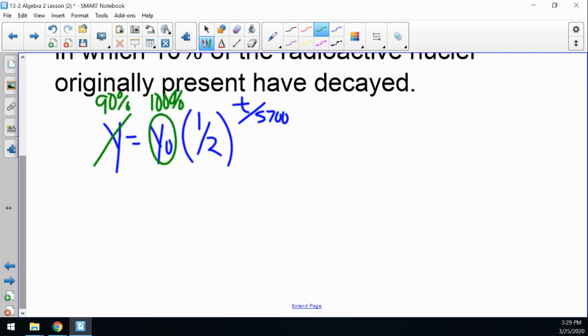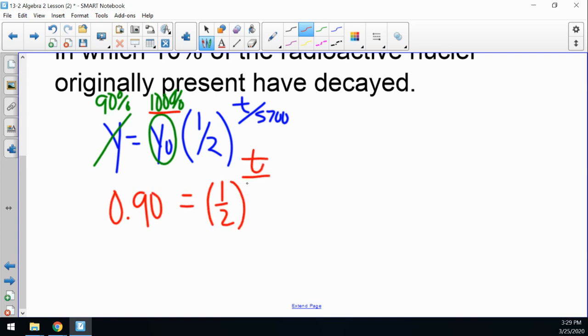What we can do is let 100% just be 1, so 90% is going to be 0.90. And that's going to equal 1/2 times T over 5,700. And my job is to figure out what T is.